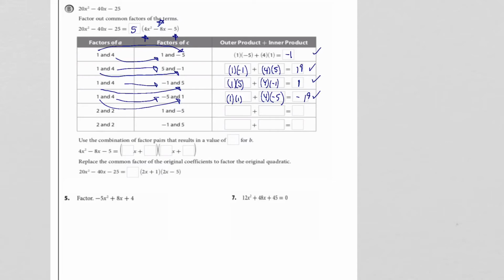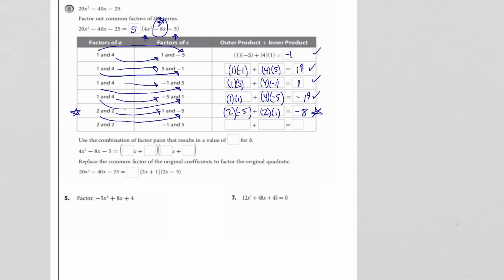And let's keep going. We're going to go 2 and negative 5, 2 and 1. So you get negative 10 plus positive 2, negative 8. Ding, ding, ding, because we're trying to get to negative 8, right?